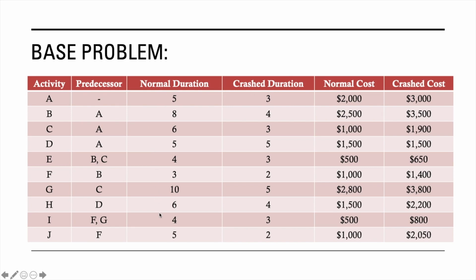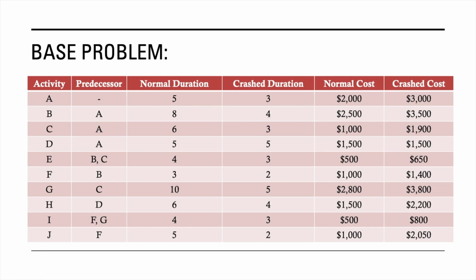Normal duration is usually seen as the duration of the activity on a regular day, or normally. So without spending additional money, normal duration is how long your activity will last. However, each activity will have a crashed duration.